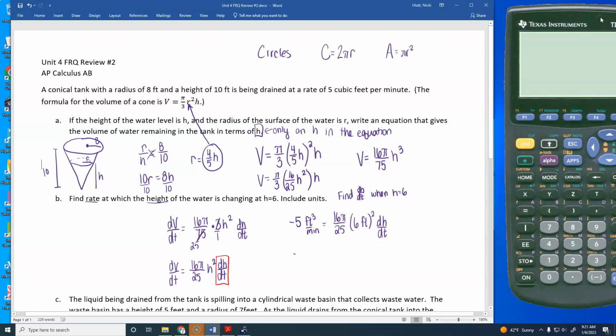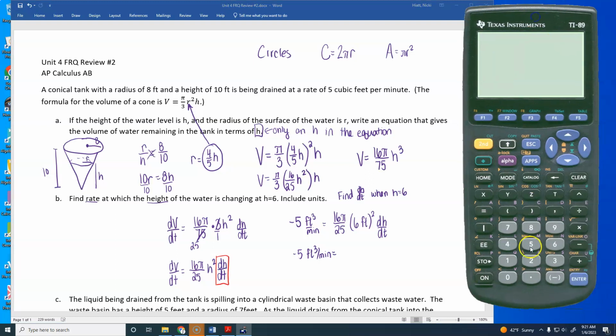So I would just go ahead and do some decimals here because it just is a little bit easier to write out. So we've got 16 pi over 25 times 6 squared.